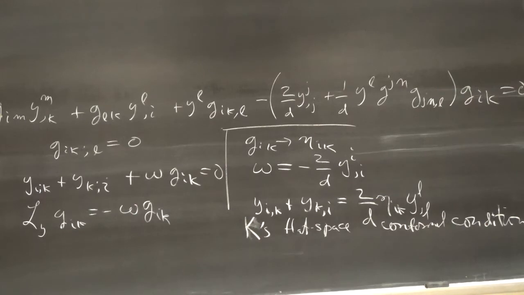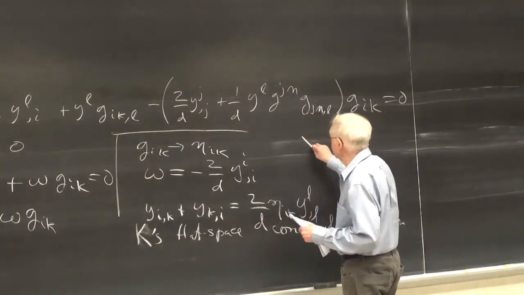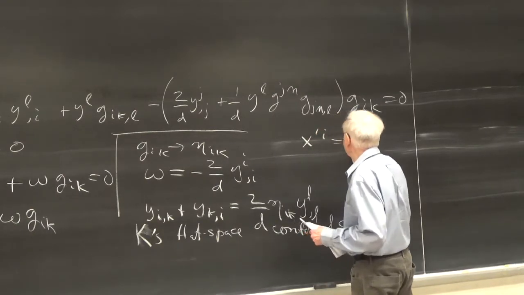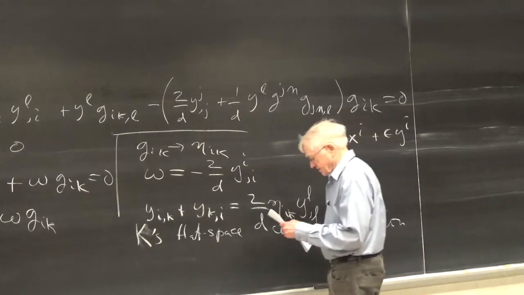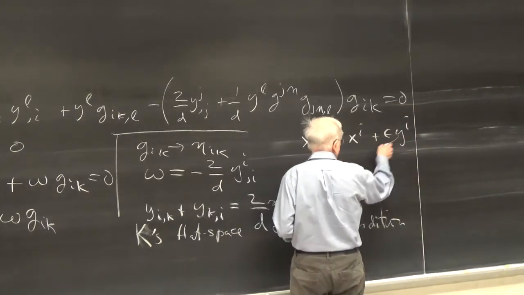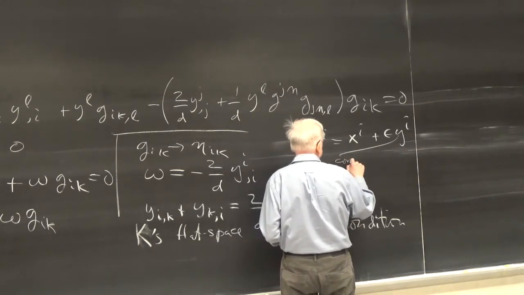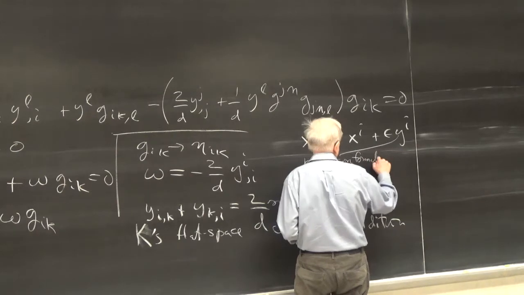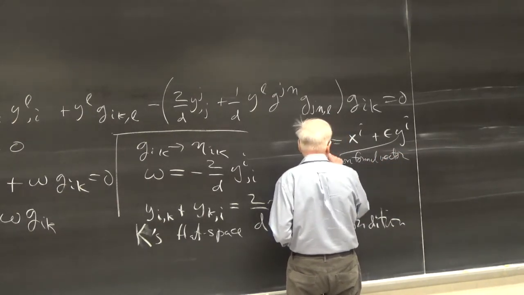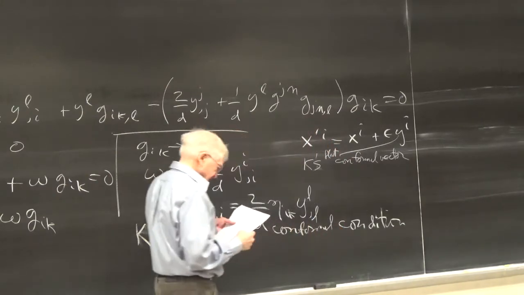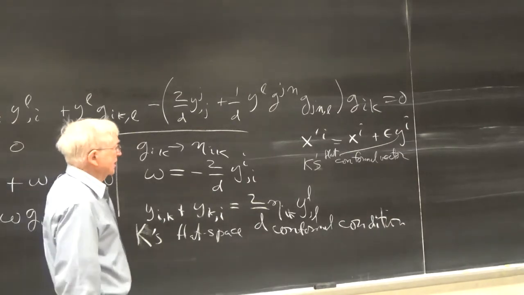Now we're going to analyze this for infinitesimal transformations. X prime I is x I plus epsilon Y,I, and Y,I is going to be called one of Killing's conformal vectors, or flat space conformal vectors. I don't know where to put all these adjectives, but we'll just leave it like that. Well, we already know some of these.